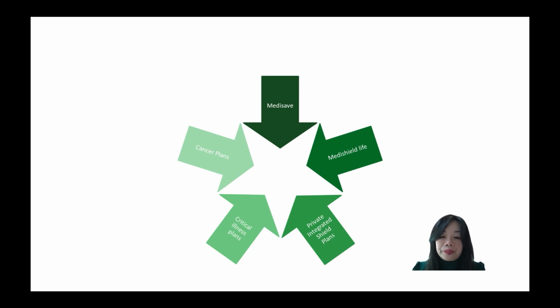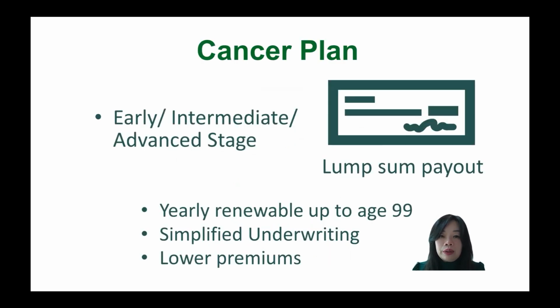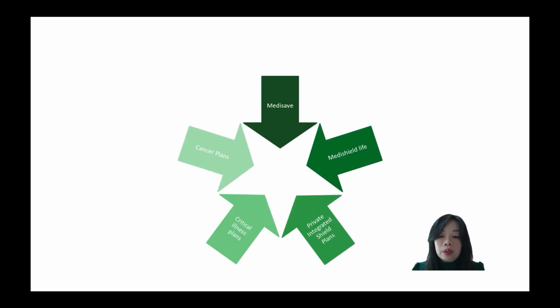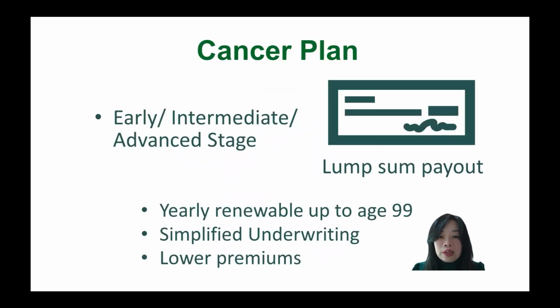So most clients probably already have those that I've mentioned, private shield plans, probably critical illness plans, and the question will be whether your critical illness plan is sufficient. With the latest changes, nowadays the cancer plan has become more and more popular, especially with this cancer drug list announcement being out. So what is this cancer plan like?